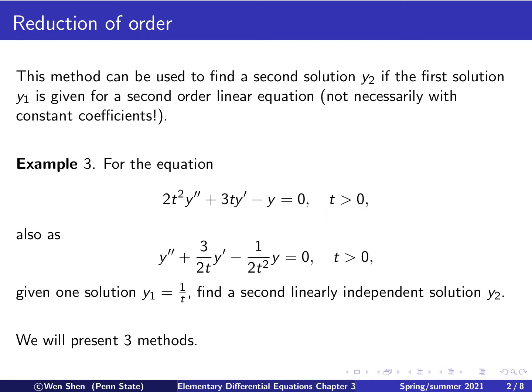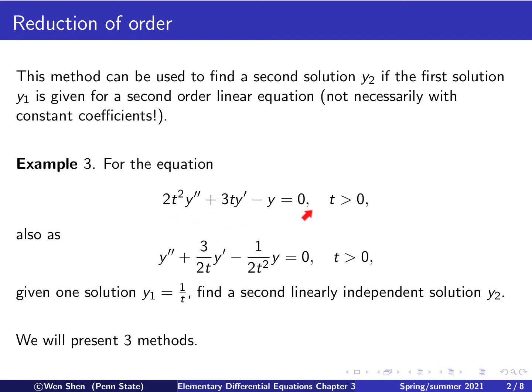The reason for this restriction is that this equation can also be written in the standard form where our existence and uniqueness theorem applies, where the coefficient in front of y double prime is 1.